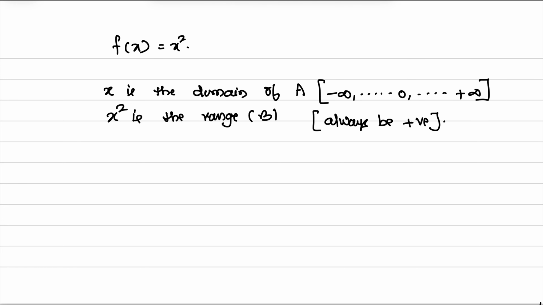Then the graph will look like this. It will always be above x-axis. It will not go down below x-axis. For whatever may be the value of x, it will be like this, above x-axis only.